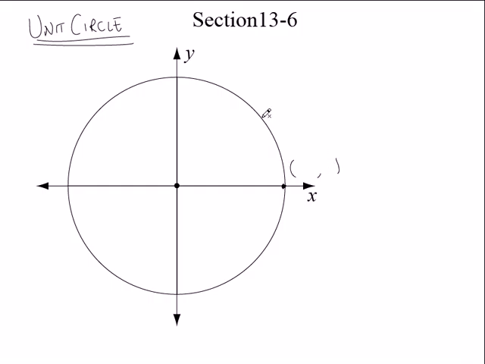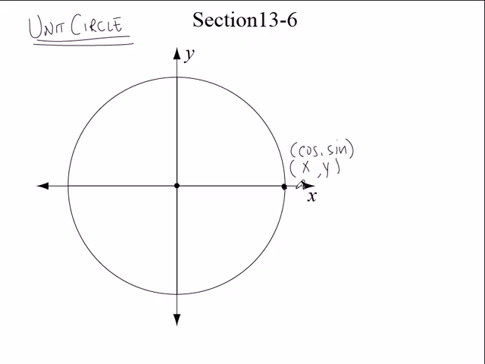We already know that if this is (x, y), that's the same thing as the cosine, I'll leave out the theta, and sine. Remember, they go together. So whatever the x value is, that's the cosine. Whatever the y value is of this point on the circle, that's the sine. In order to find the tangent, you take the sine over the cosine, or the y over the x.